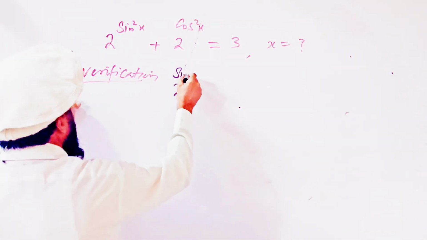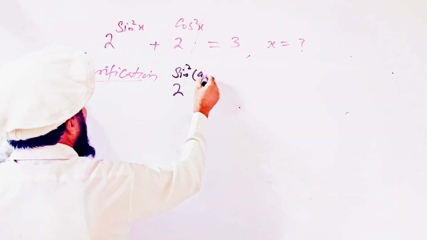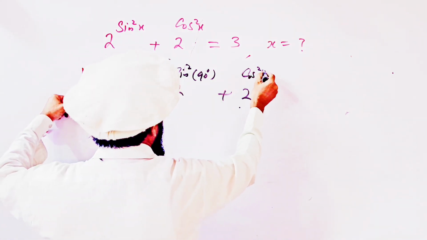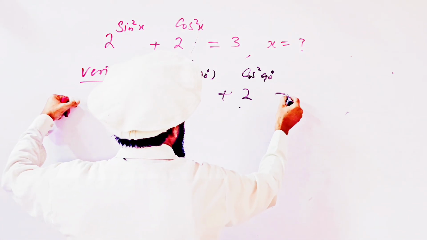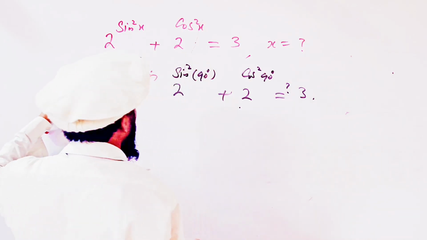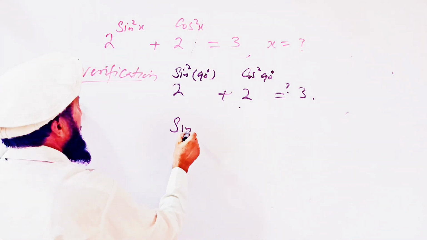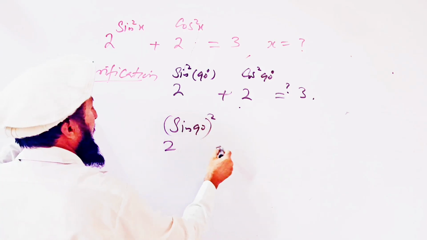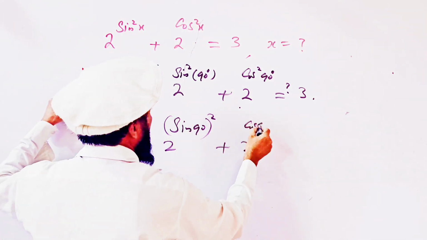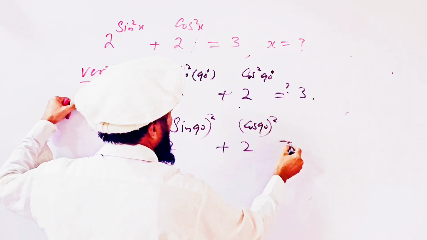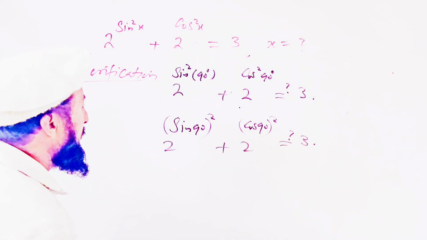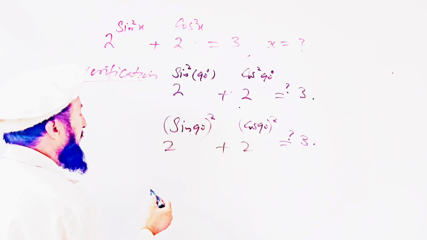Now in place of x we put 90 degrees: 2 exponent of sine 90 whole square plus 2 exponent of cos 90 whole square, is it equal to 3? Now sine 90 is equal to 1 and cos 90 is equal to 0.